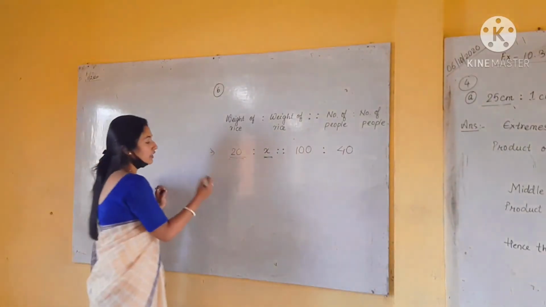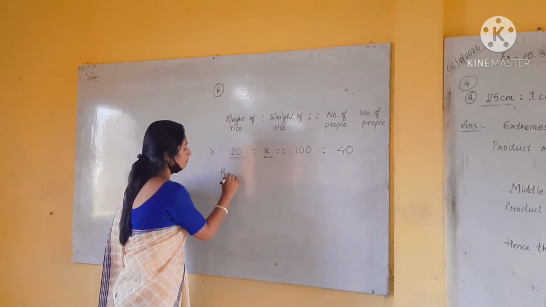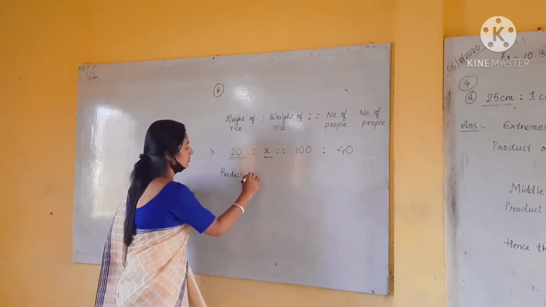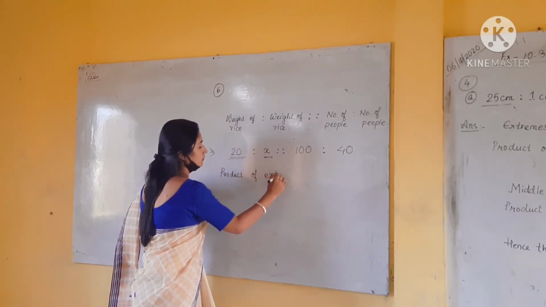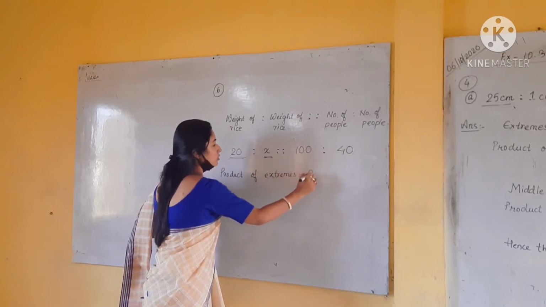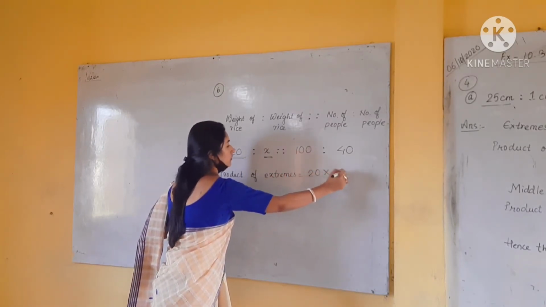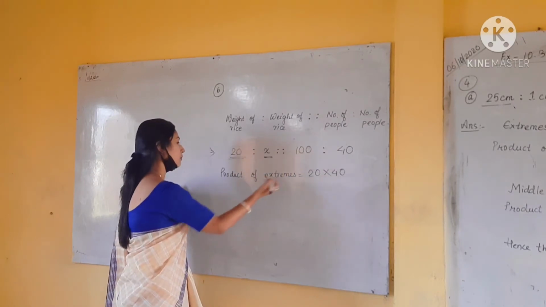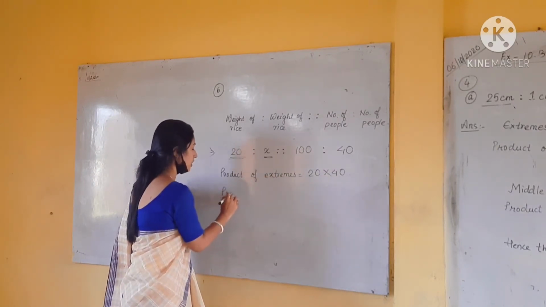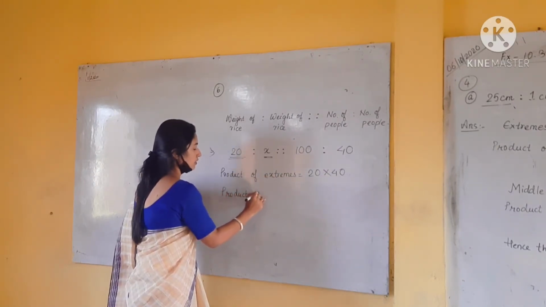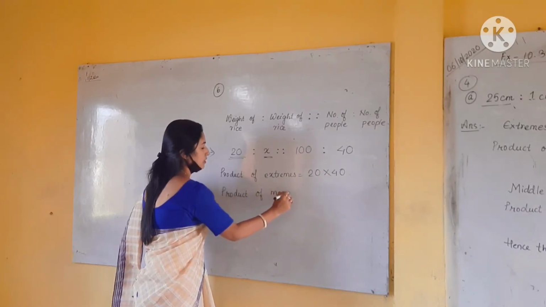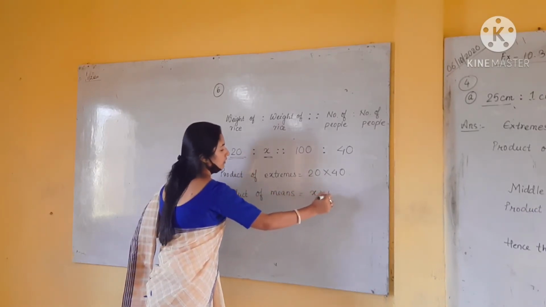Okay, now we can write what? Product of extremes is equal to 20 into 40. You can multiply here also. Next is product of means: X into 100.